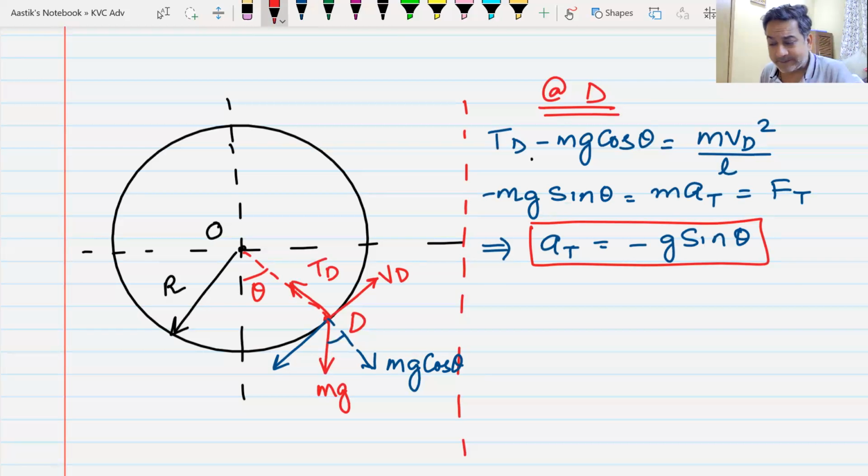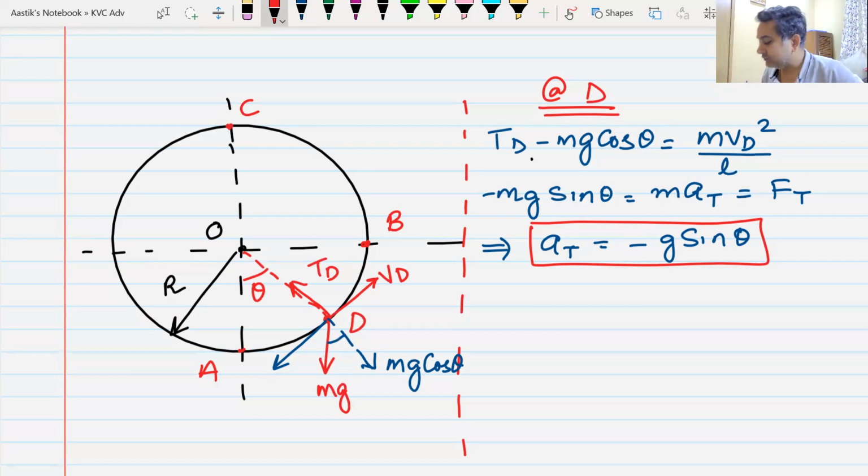At the lowest point, point A, the tangential acceleration is 0. At point B, the tangential acceleration is minus g. At point C, it is again 0. So it changes from 0 to minus g and then again from minus g to 0. Do we understand this?